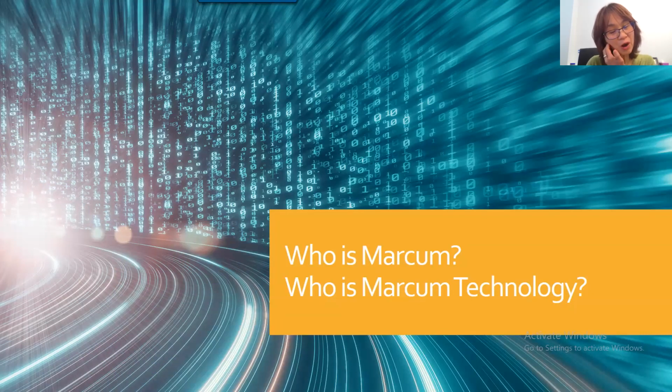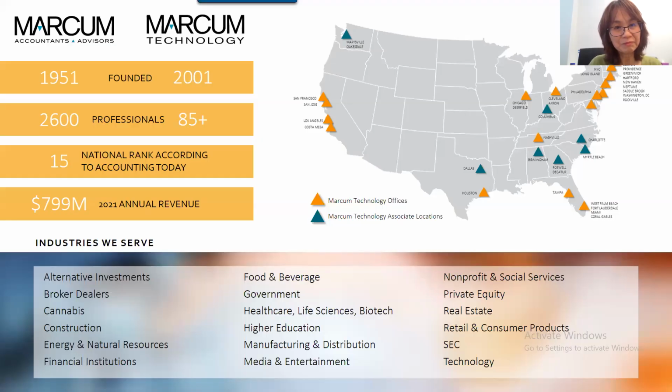So quickly, who are we? Who is Marcum and Marcum Technology? Next slide, please. So just a little bit of background on the firm. Marcum Technology is the technology arm of Marcum LLP, which is the CPA firm. As a firm overall, we have over 2,600, I think it's now closer to 3,000 employees.